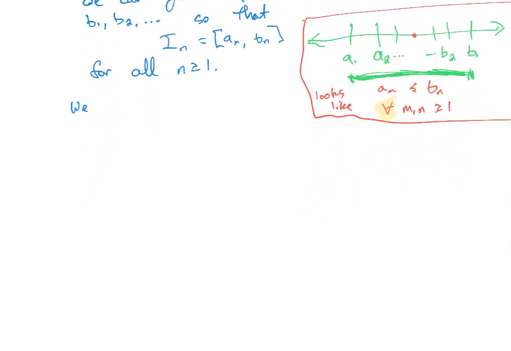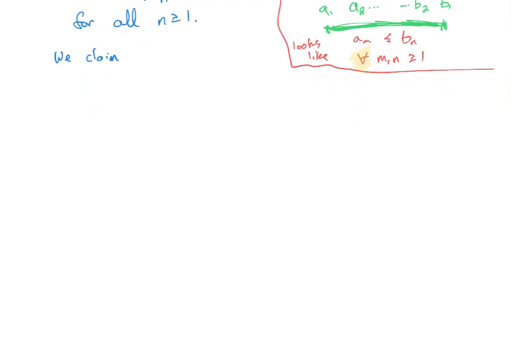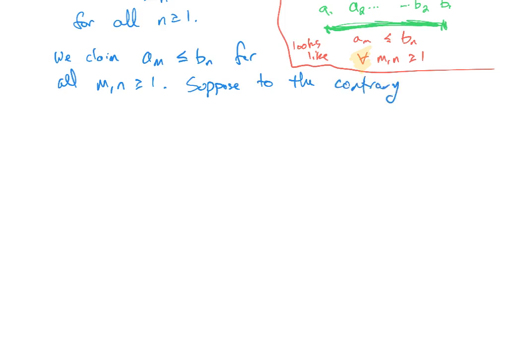So we claim that Am is less than or equal to Bn for all m and n at least 1. Suppose to the contrary that we broke this.